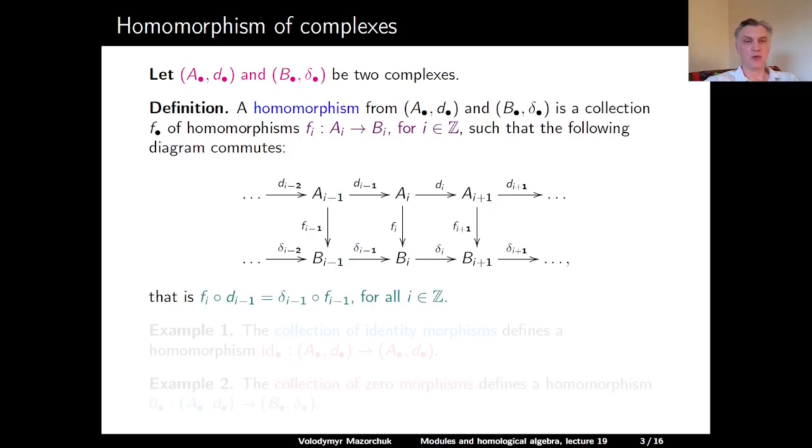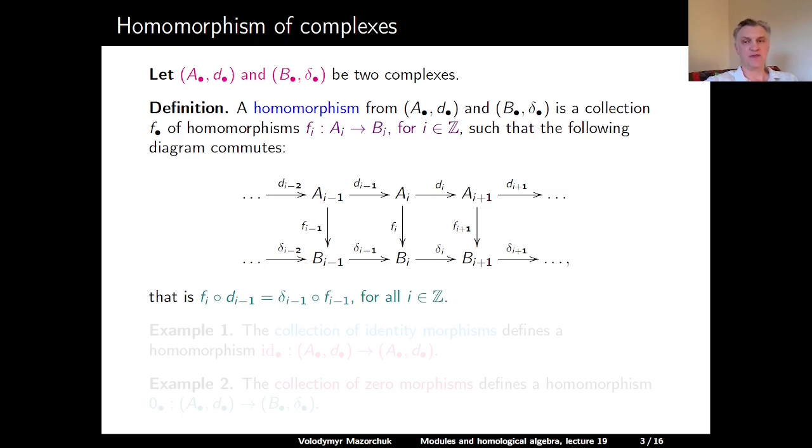Definition: a homomorphism from the complex A_• to the complex B_• is a collection f_• of homomorphisms. So for each integer i, we have a homomorphism f_i from A_i to B_i, such that for each integer i, the composition of f_i after d_{i-1} equals the composition of delta_{i-1} after f_{i-1}.